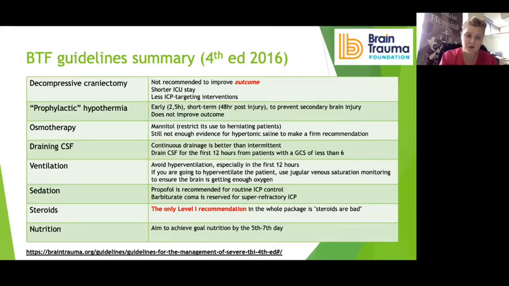Like I said, though, there is still a space for it. It is going to save you if you need to buy a few seconds whilst you are doing something else to sort out a patient, whether that is rushing the patient to theater to evacuate the hematoma, or treating whatever the pathology is driving it, or getting another bolus of hypertonic saline running.